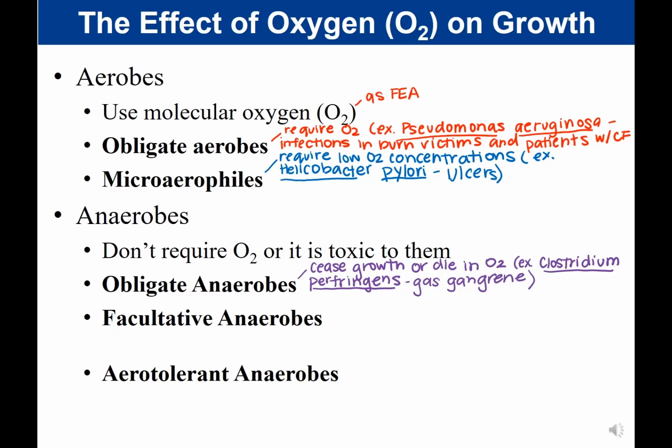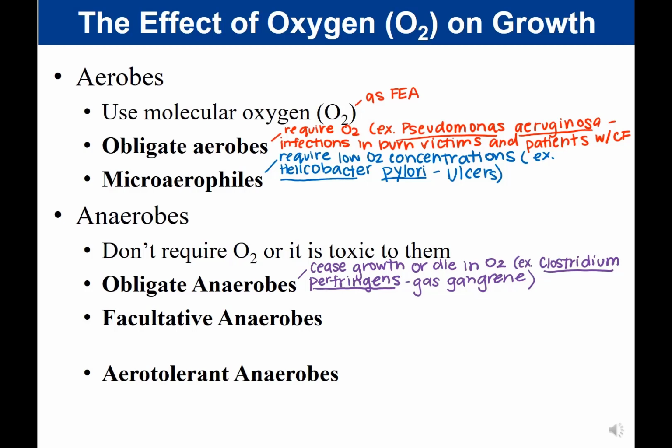The hyperbaric chamber is not enough, and they still end up having to do an amputation anyways. And so this would be an example of an obligate anaerobe. Other bacteria that would be obligate anaerobes include often intestinal bacteria. So bacteria that live in the intestinal tract would often be an obligate anaerobe. For them, oxygen is toxic.